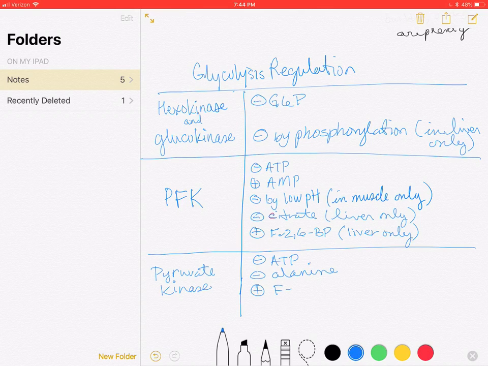It is activated, we learned this earlier, by fructose 1,6-bisphosphate, feed-forward stimulation. And in the liver only, it's inhibited by phosphorylation. Okay, that's in the liver only.